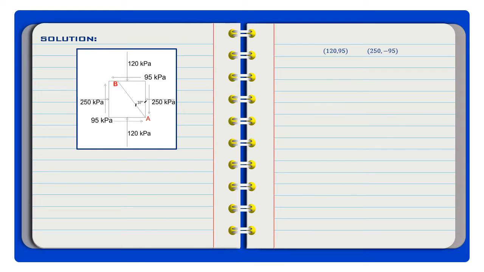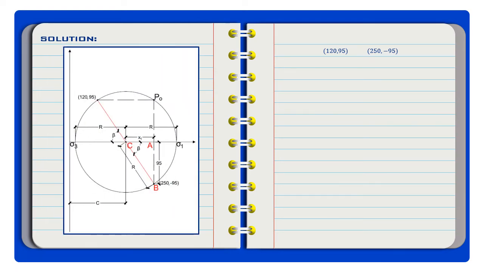So, plotting this one on our Mohr's circle, we have yung 120, 95 na sigma y and tau xy is nasa quadrant 1 since lesser si 120 kaysa kay 250. Then, since ang partner ni 250 is -95, we can plot it on quadrant 4.